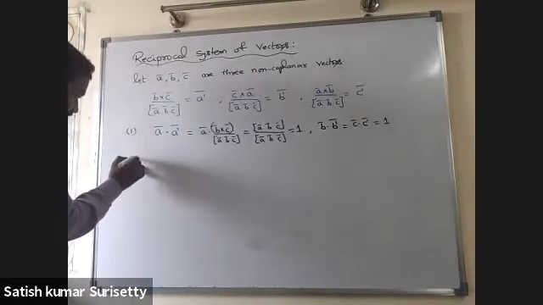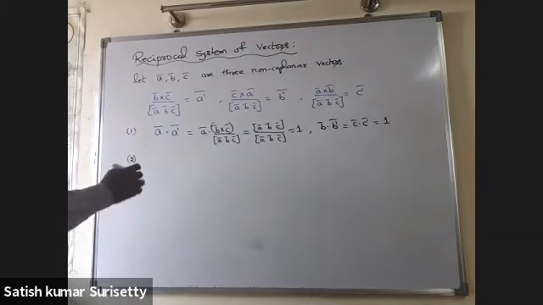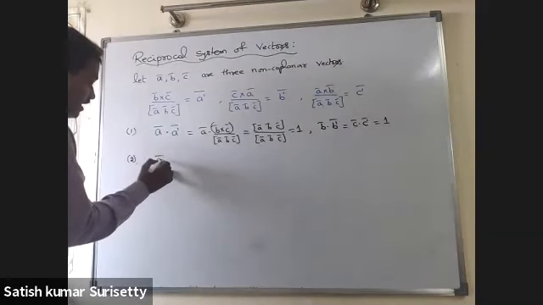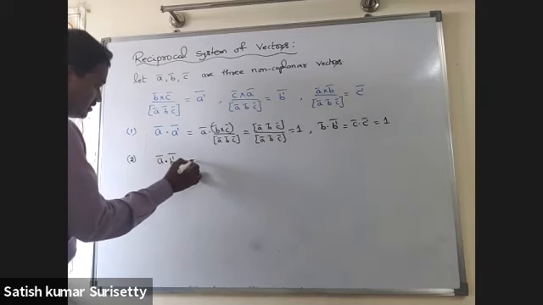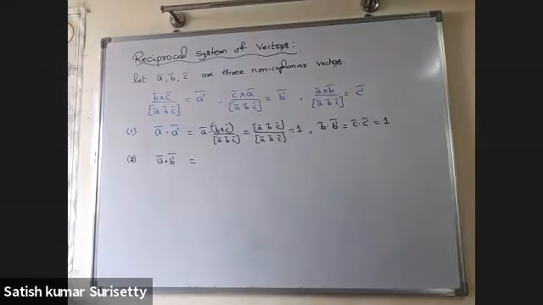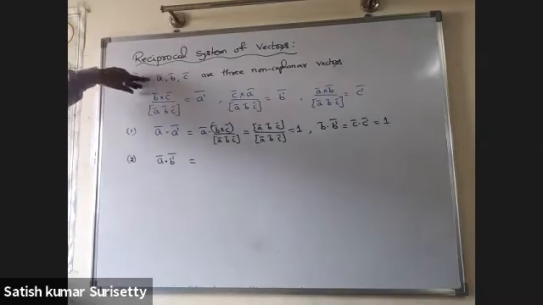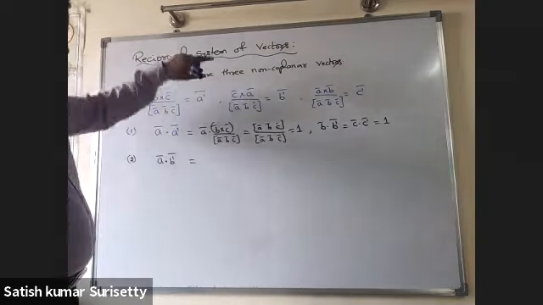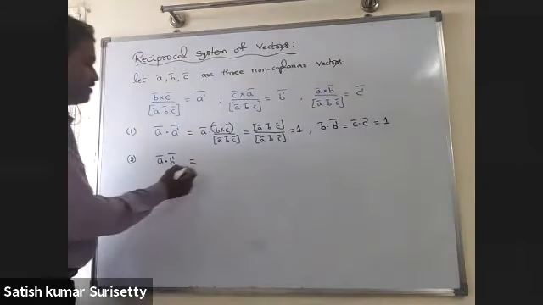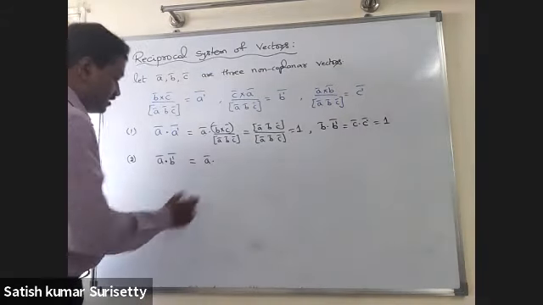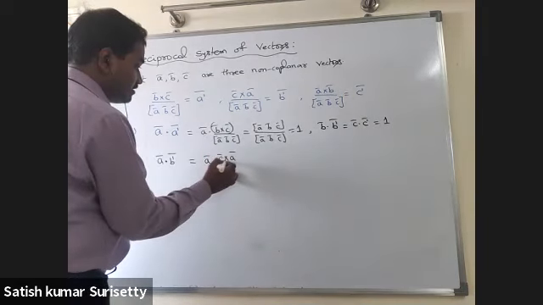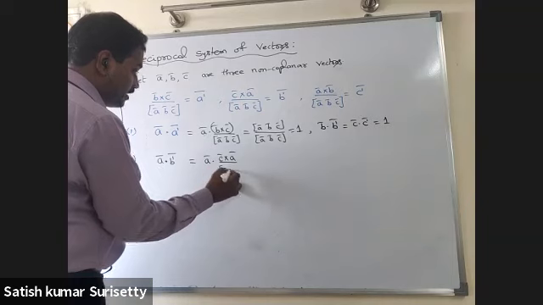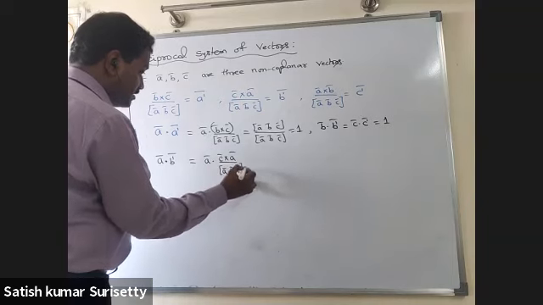Next, second property. A bar dot B dash bar, that is dot product of one of the vectors with the reciprocal system of another vector. So A bar dot B dash bar is A dot C cross A upon scalar triple product of A bar, B bar, C bar.